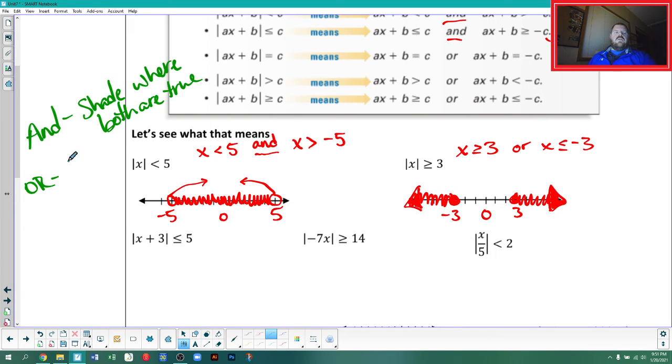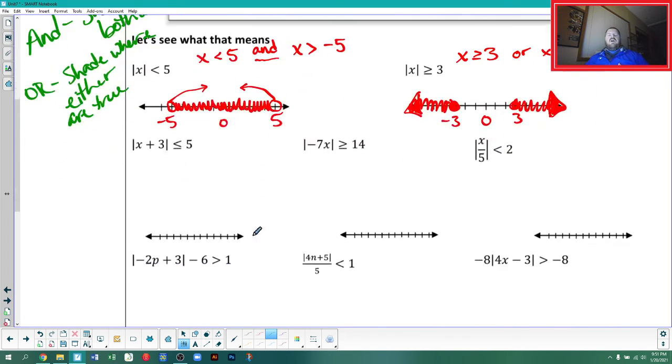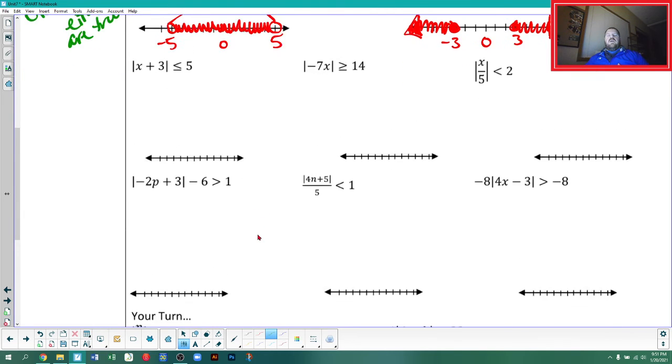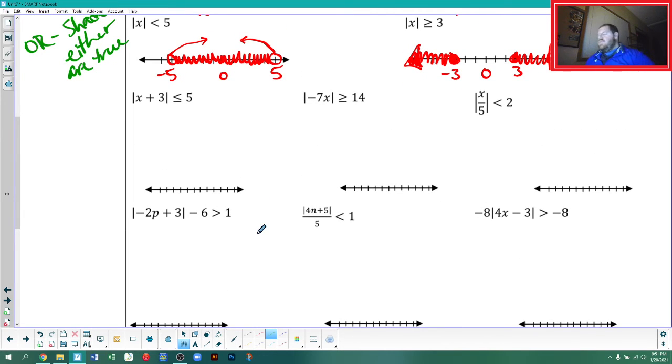Or shade where either are true. Okay? And understand the difference between both being true and either one being true. That's my biggest helpful hint there, something that can help you through this. All right, let's get going on these before we get this too long.